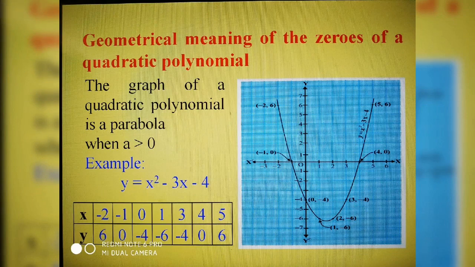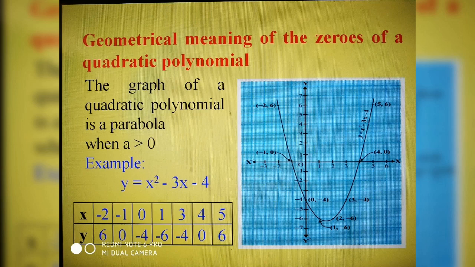Then what is the geometrical meaning of the zeros of a quadratic polynomial? The graph of a quadratic polynomial is a parabola. You know the general form of a quadratic polynomial is ax square plus bx plus c. Here I am taking the example with a greater than 0: y is equal to x square minus 3x minus 4.